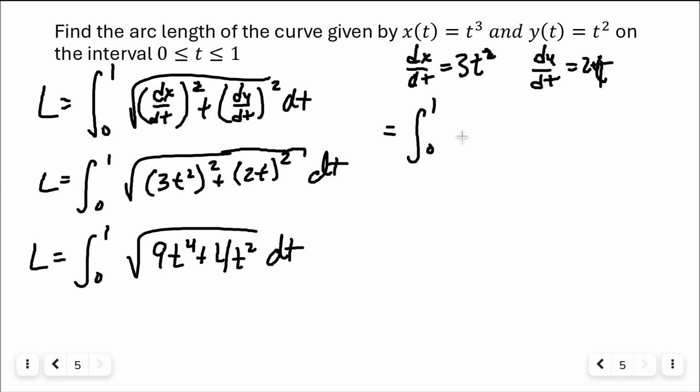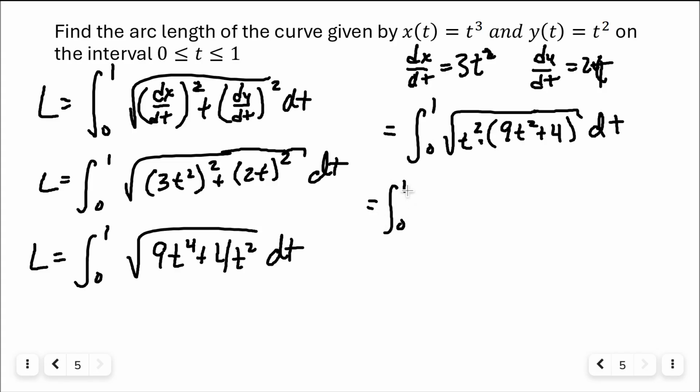So this is the integral from 0 to 1 of the square root of, if I factor out t squared, that helps me tremendously, t squared times (9t squared plus 4), dt, because now I have two things that are multiplied inside the radical, so I can take the square root of each one. So this is the integral from 0 to 1 of the square root of t squared times the square root of 9t squared plus 4, dt.